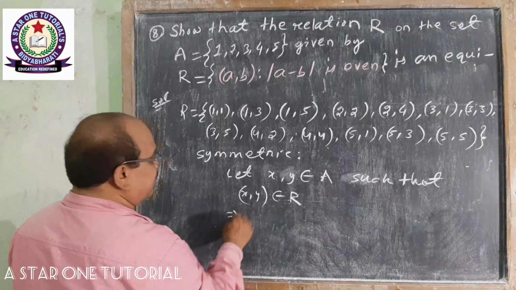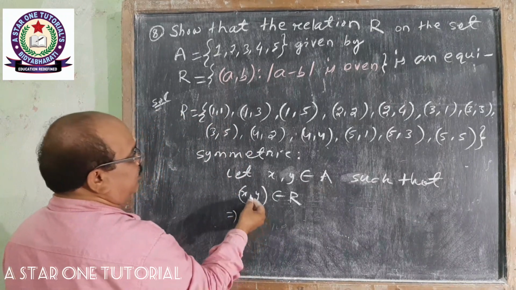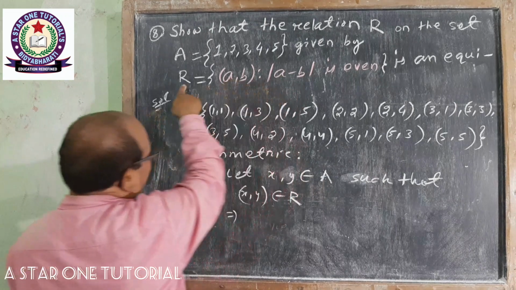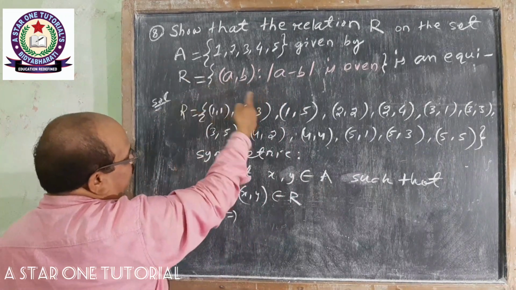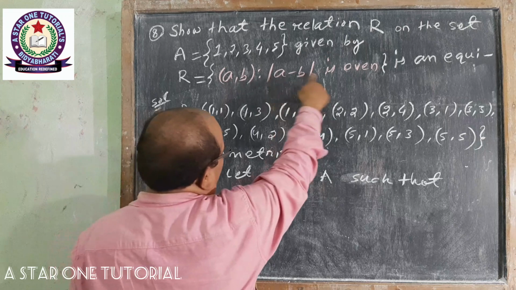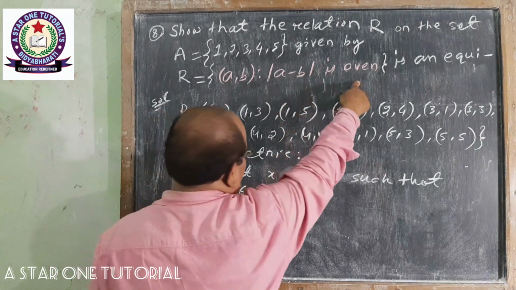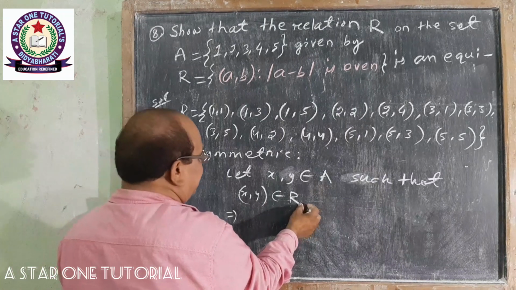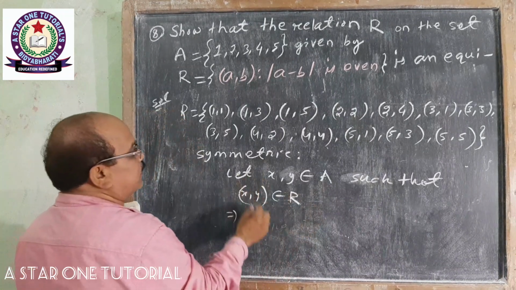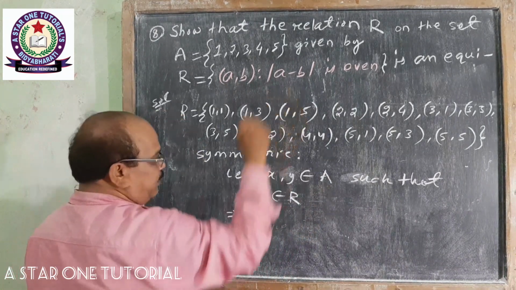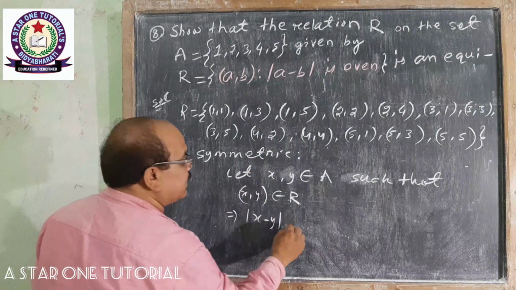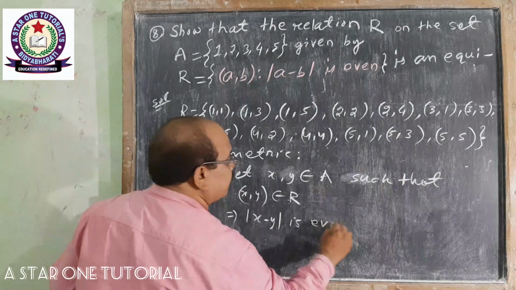This implies what is the relation between x and y? Suppose here you see (a, b) order pair belongs to R. Then what is the relation between a and b? That the modulus of a minus b is even. Here the order pair (x, y) belongs to R. It means that the modulus of the difference of x and y must be even. That means we can write mod of x minus y is even.